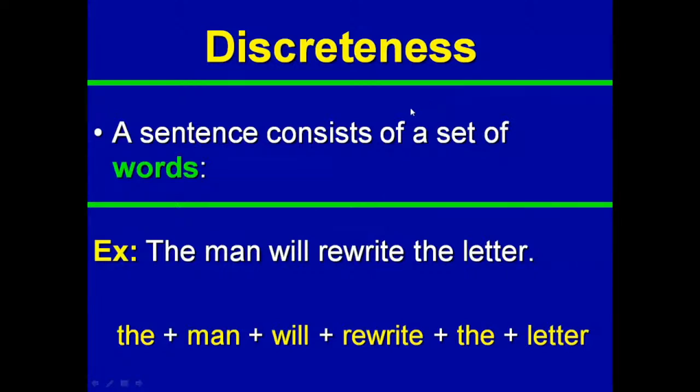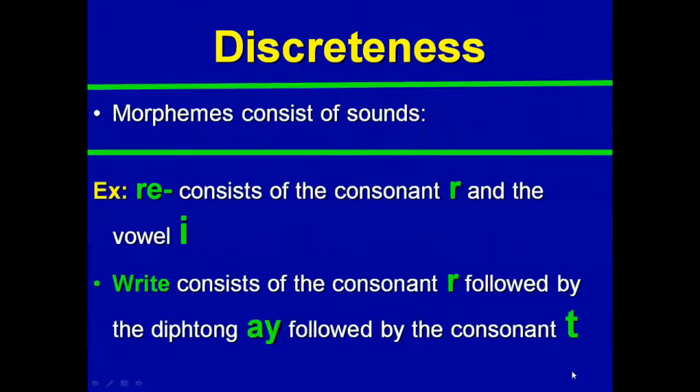You remember that we talked about sentences that consist of a set of words. For example, the man will rewrite the letter. It's possible to divide this sentence into words: the plus man plus will plus rewrite plus the plus letter. Okay? And of course, words can be divided into smaller units that we call morphemes.